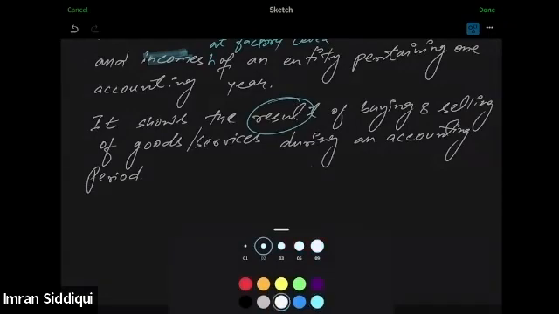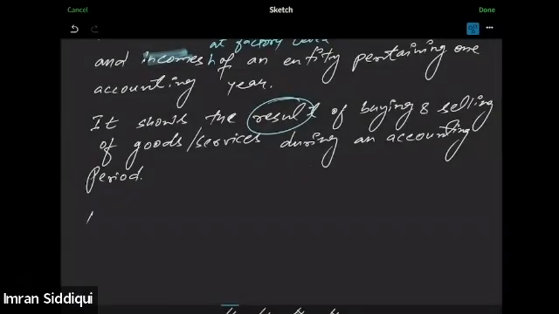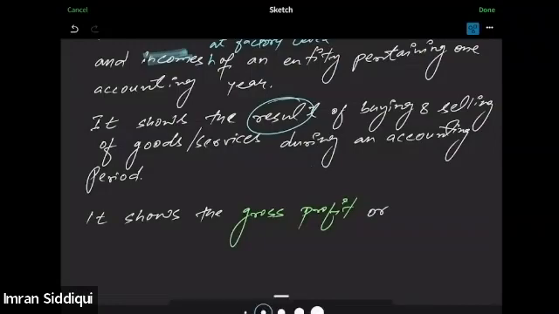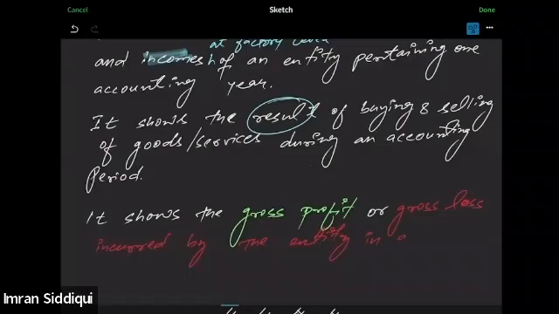Result basically means it shows the gross profit or gross loss incurred by the entity, by the organization, in an accounting year.